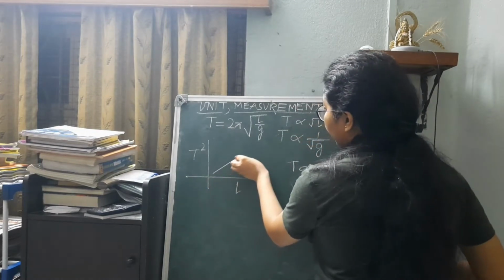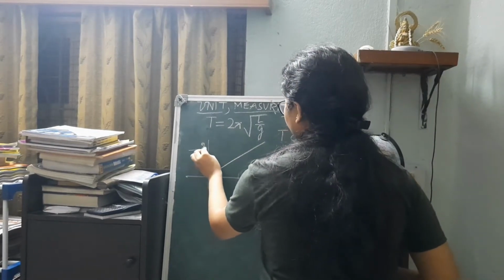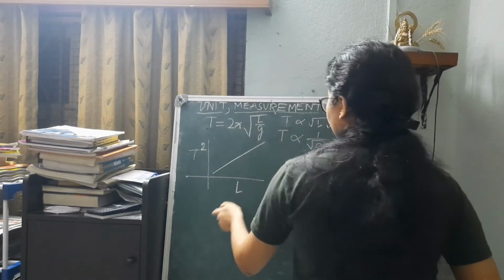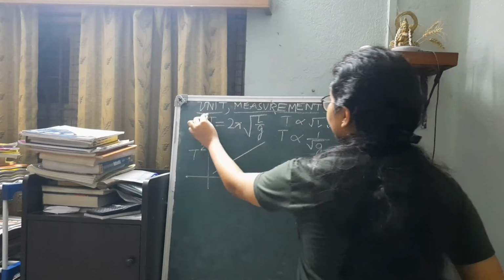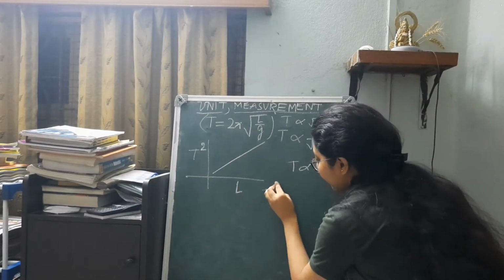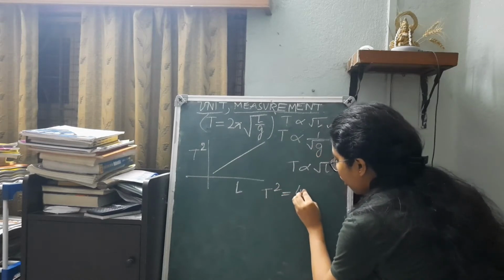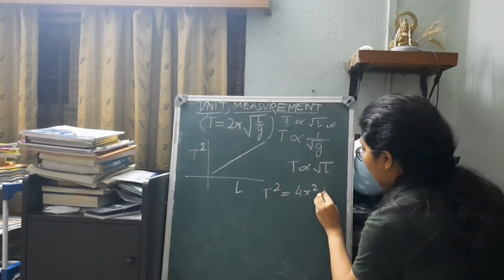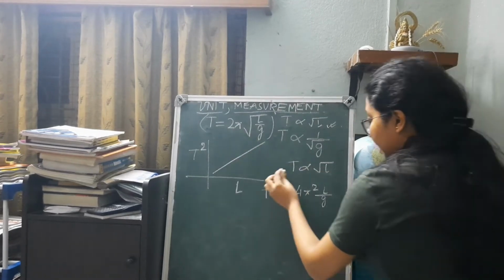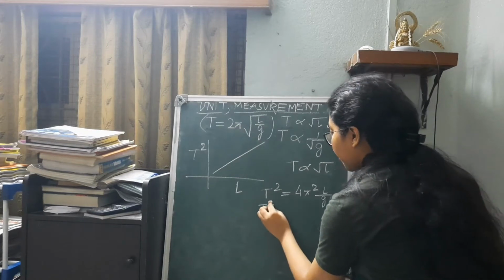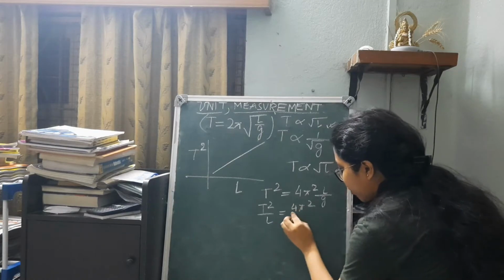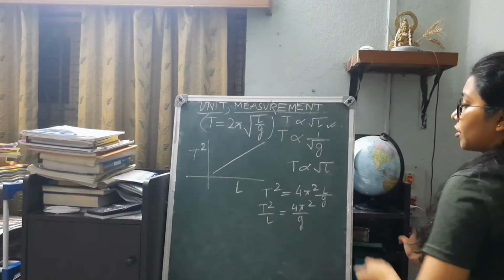Because t square is directly proportional to L, if I square this particular equation first, I find that t square is equal to 4 pi square L by g. Just squaring this one, that means t square by L is nothing but 4 pi square by g, just shifting the L to this part.